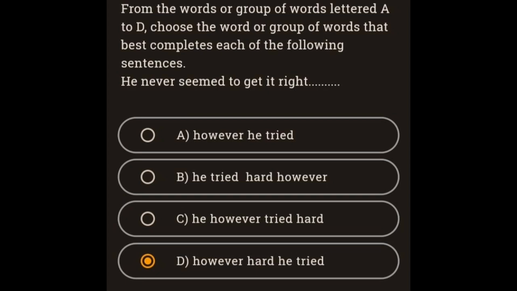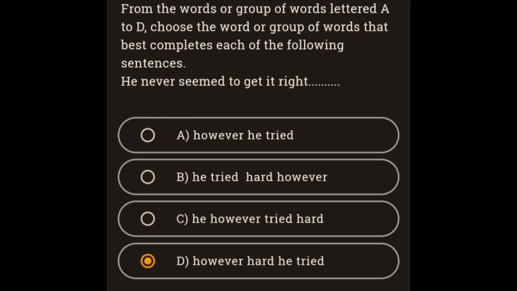For example, hungrily is an adverb of manner. It's a single word. But if I say, he ate as if he had not eaten for 10 days, as if he had not eaten for 10 days is an adverbial clause, because it is a group of words that function as an adverb.